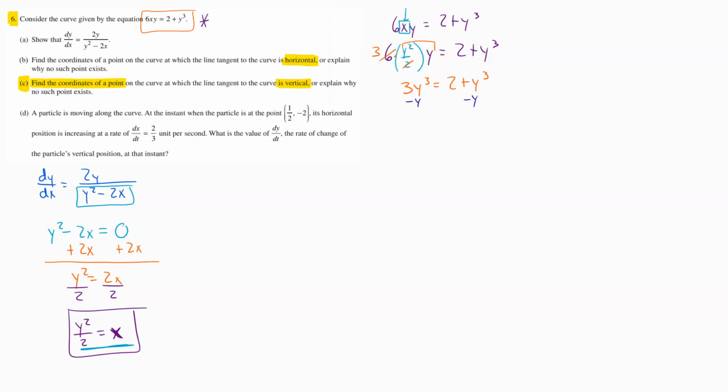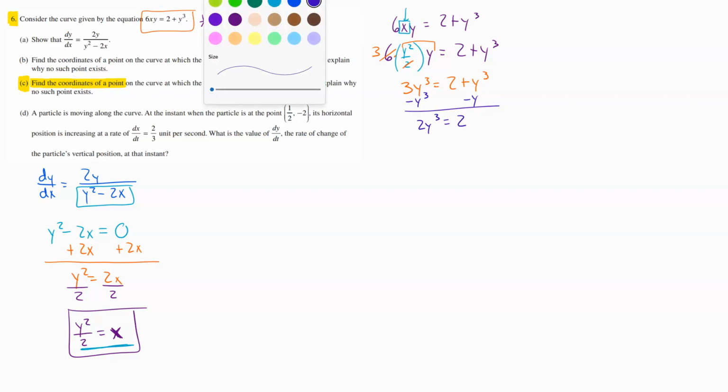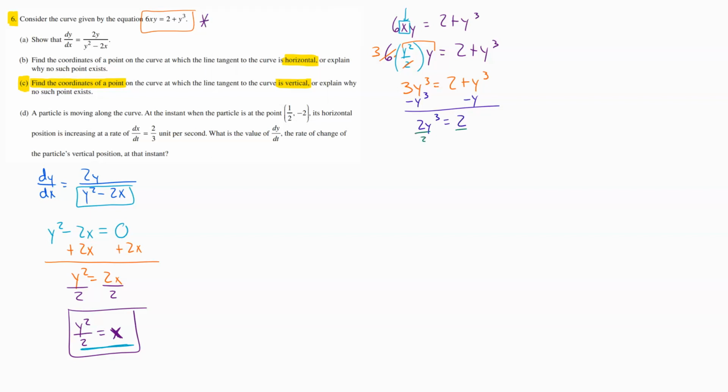We're just solving for y right now. Straight up algebra. 3y cubed minus 1y cubed is going to get us 2y cubed equals 2. And then we'll go ahead and divide by 2, divide by 2. We get y cubed equals 1. Quick little cube root action. Cube root both sides. And out of there we'll end up with y equals 1.